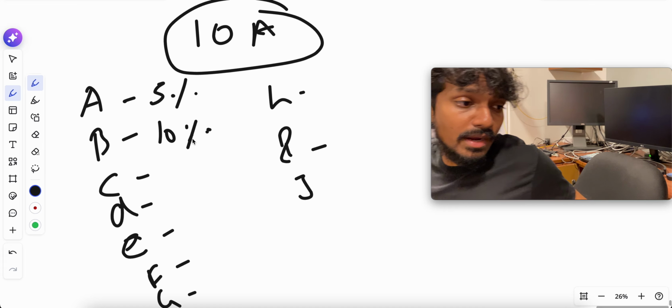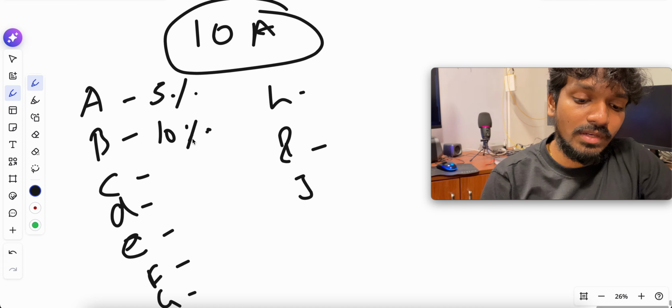Let me take my other mobile and give the values now.